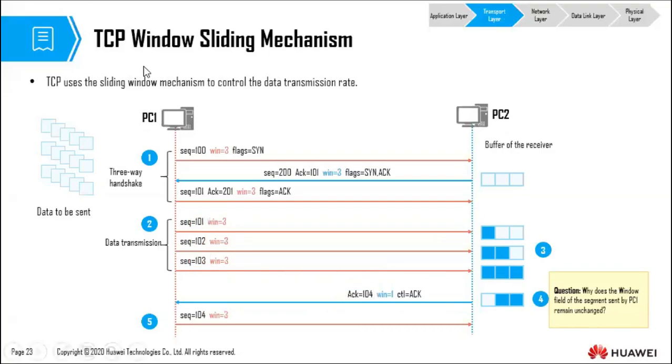So there's a question here. Why does the window field of the segment sent by PC1 remain unchanged? Why do you think it remains unchanged?